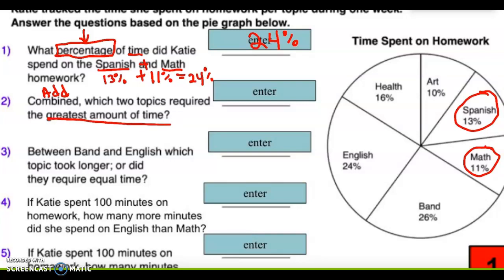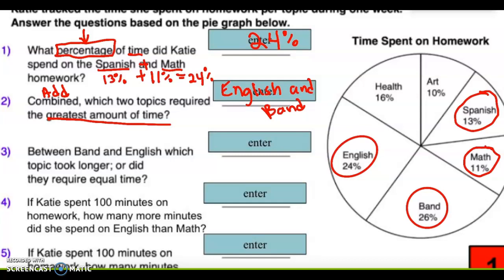If I look at my circle graph, I know that one of them is English, and the other one would have to be band. So my answer again would be English and band, or it could be band and English. Those are my first two answers.